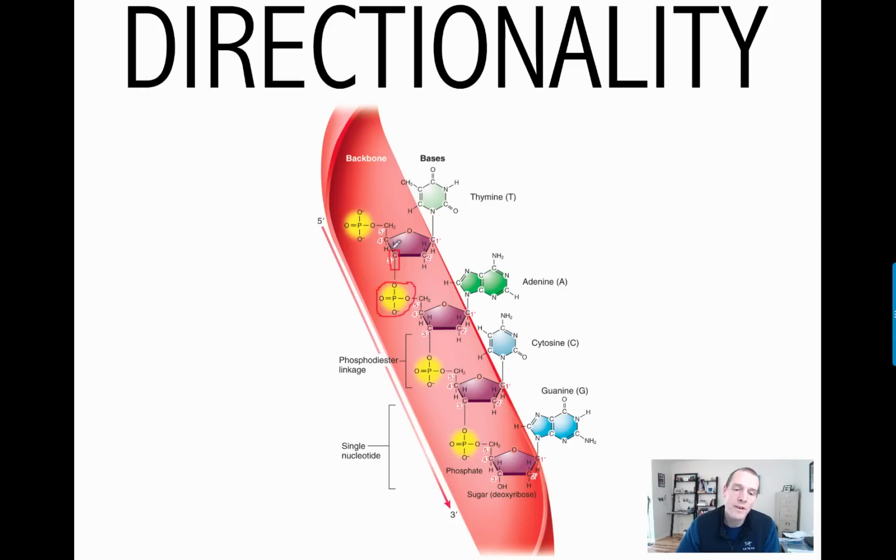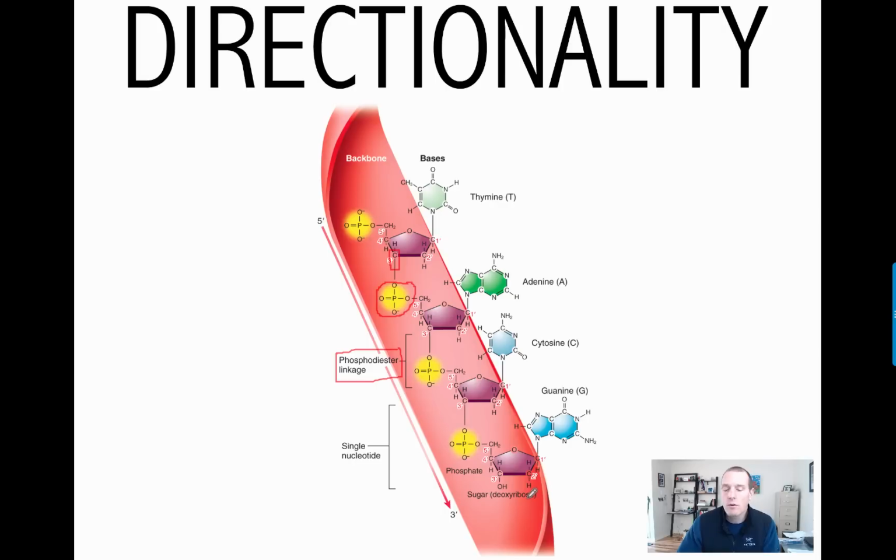And so we do a condensation reaction between those 2 groups, and we get this bond which involves this phosphate here, and that becomes known as a phosphodiester linkage. And so that's the special name given to the covalent bond that forms involving phosphate between two nucleotides.